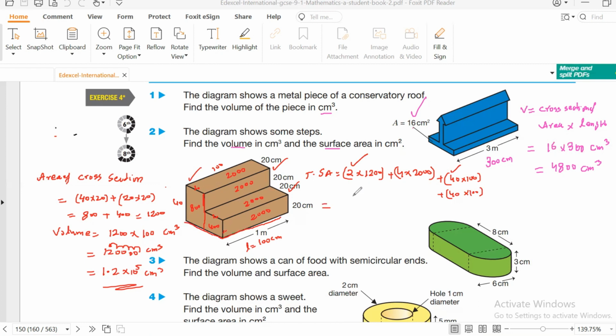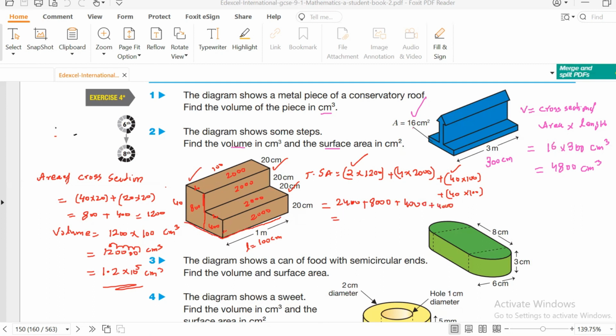So now once you solve, 1200 multiplied by 2 is 2400, plus 2000 multiplied by 4 is 8000, plus 40 multiplied by 100 is 4000, plus 4000.